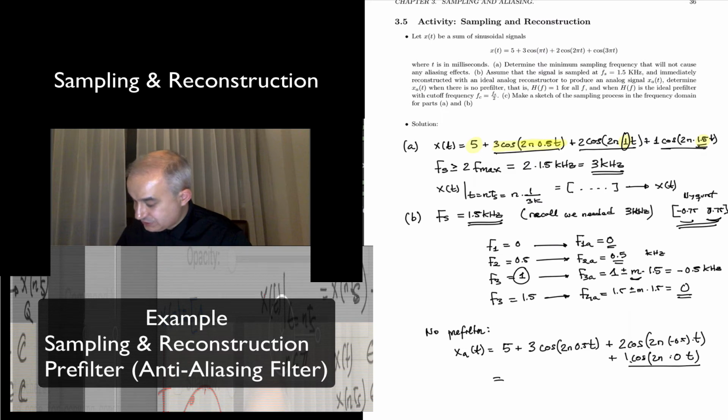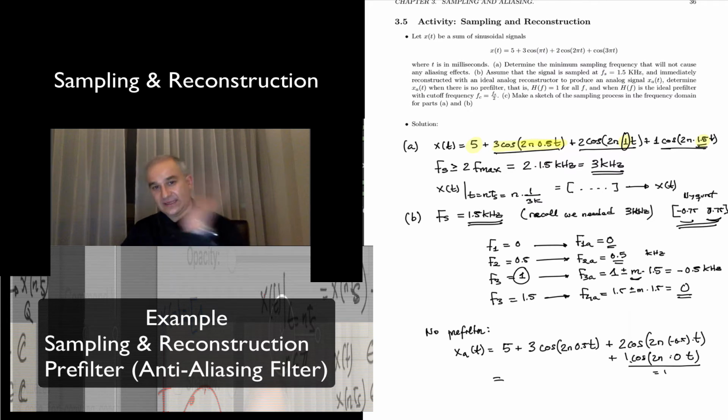This is equal to cosine of 2 pi 0 t, cosine of 0 is 1, so this is going to be equal to 1. And in this case, cosine of 2 pi minus 0.5 is equal to cosine of 2 pi plus 0.5, right?